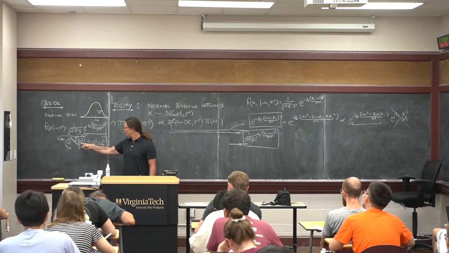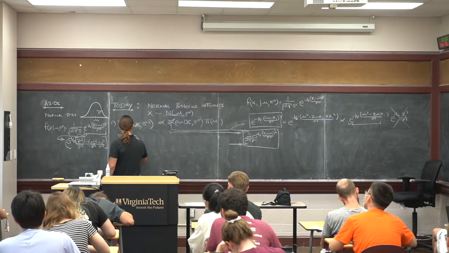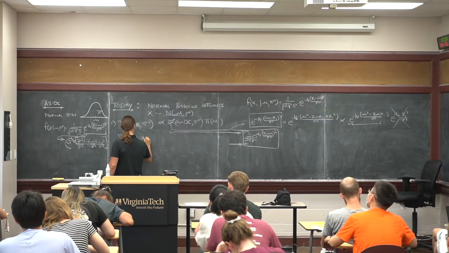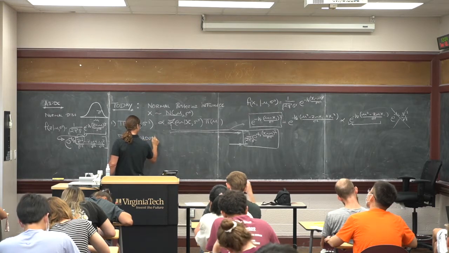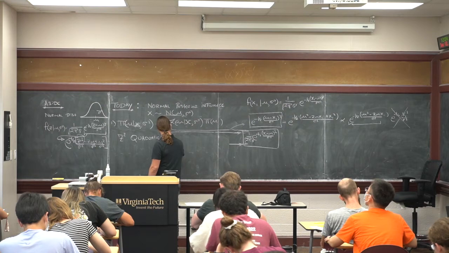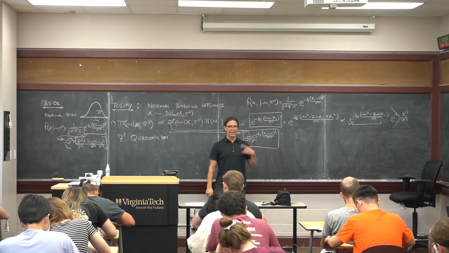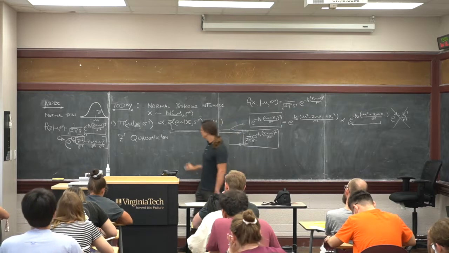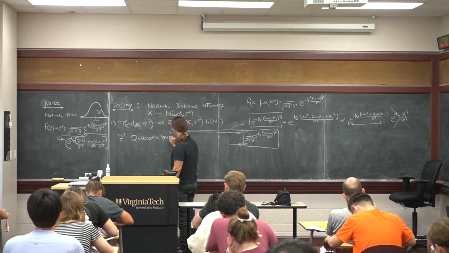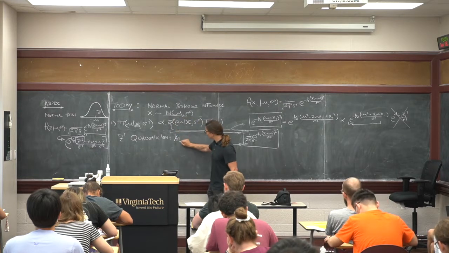So the quadratic term, z squared, is the quadratic term. And what I do to this is I take whatever's multiplying against it and I invert it. So quadratic term is this. 1 over sigma squared is its leading coefficient.